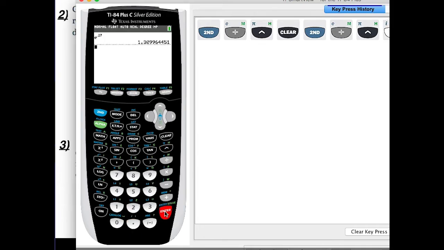This is going to be our base, 1.3099. And let's just look back up in the directions there. It says just determine the percentage rate of increase to the nearest tenth of a percent.